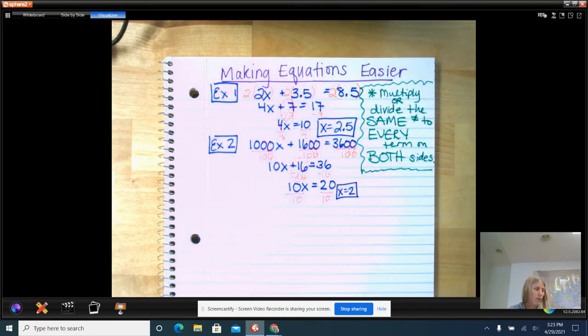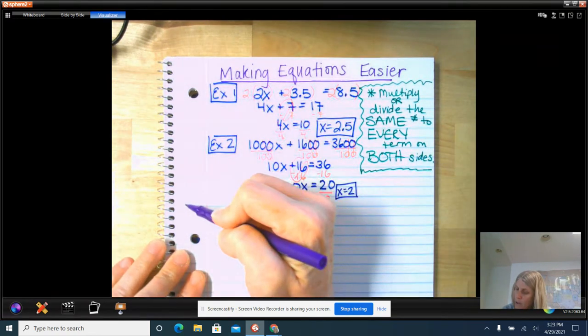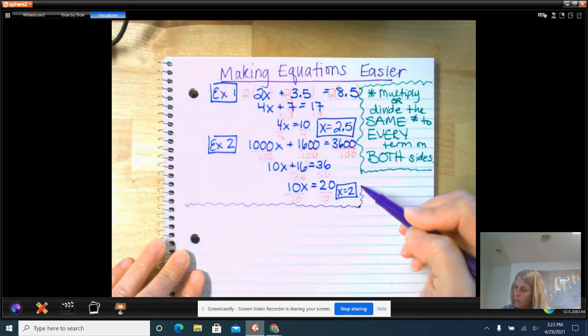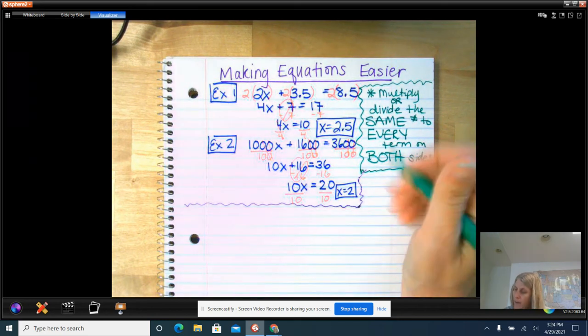Okay. Now, I'm going to show you a third example here for a different kind. And we're going to go into more detail of how this one works. But this one is called fraction busting.